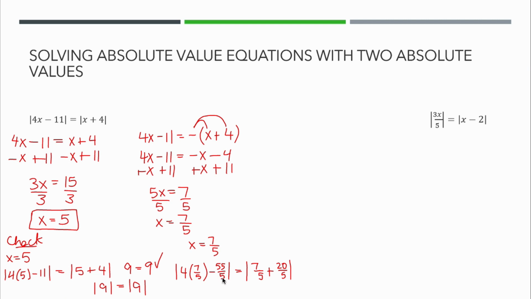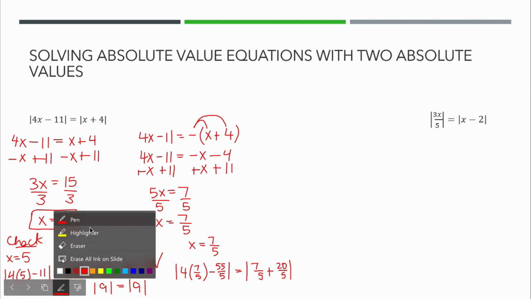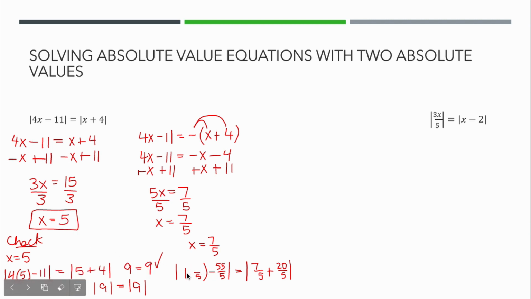And we can leave the 4 alone because all we're doing is multiplying it by the numerator. So that would be 28 over 5.